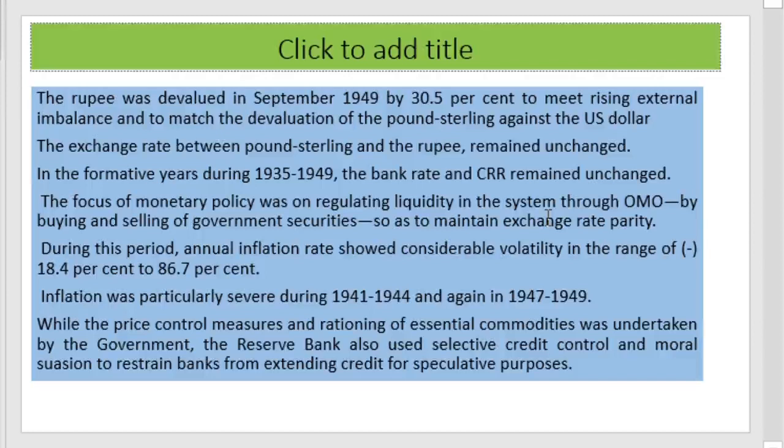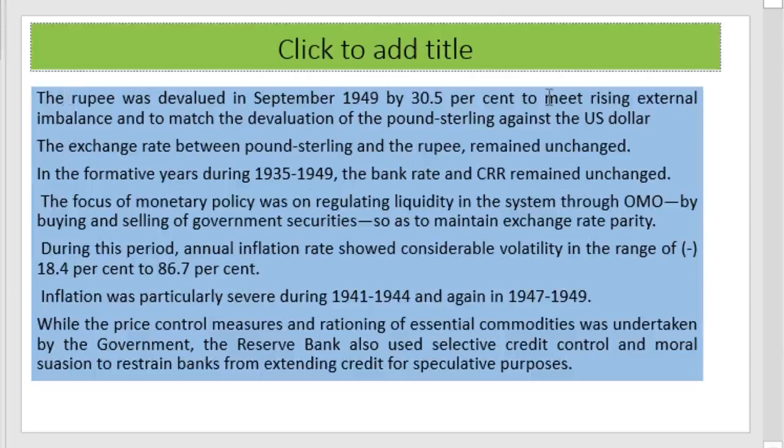The annual inflation rate showed considerable volatility in the range of minus 18.4% to 86.7%, and the inflation was severe during 1941 to 44 and in 47 to 49. These are some of the important other factors that happened during that period.